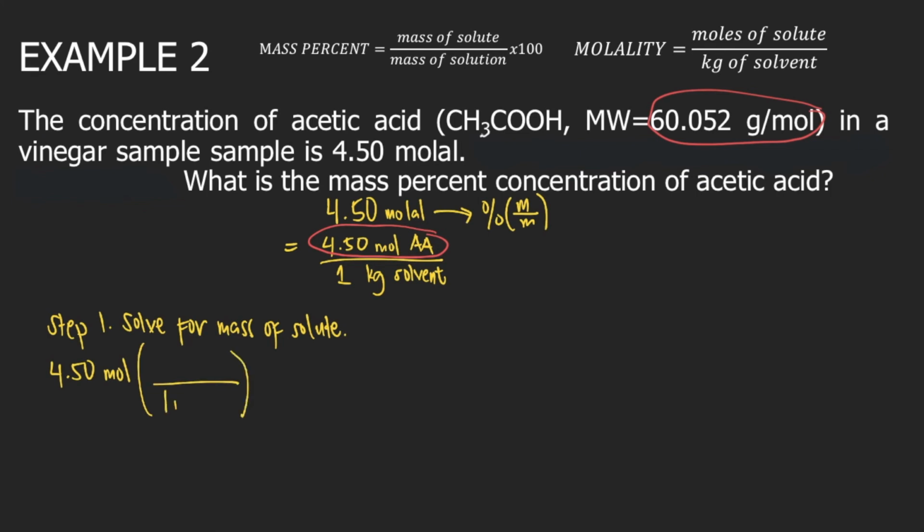That means 1 mole of solute is 60.052 grams. So moles will cancel out. So we have 4.50 times 60.052. This is equal to 270.234 grams of solute.